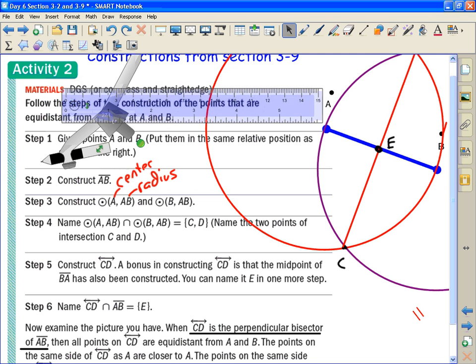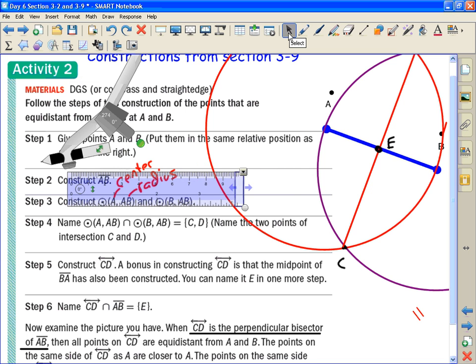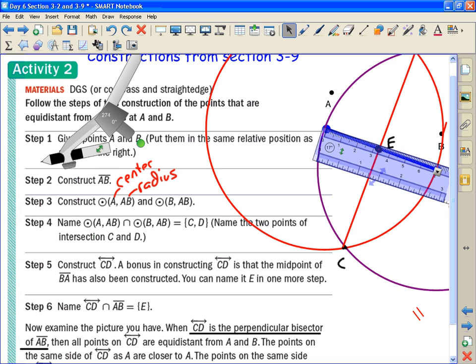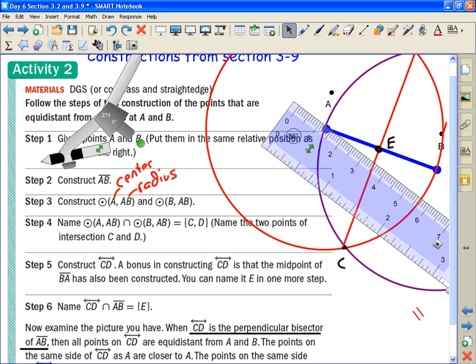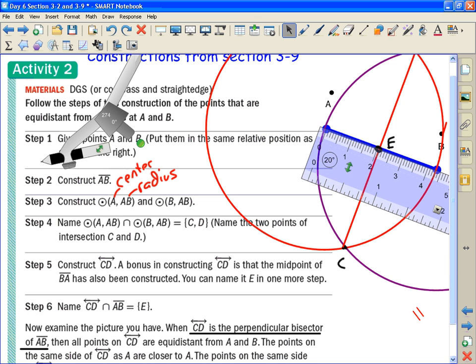If I measure to show this, okay? Now I have not adjusted my ruler to have the same measurement as you. Let's make this a little bit bigger here. From A to B, it's approximately 4.4 centimeters, 4.3.